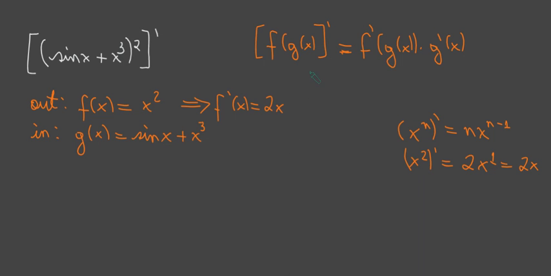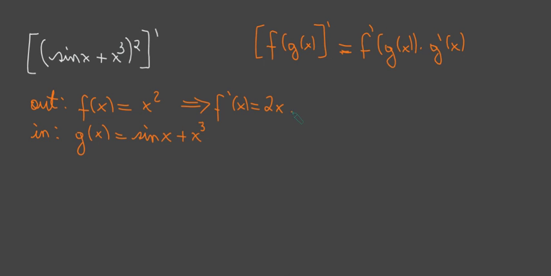But here in the formula for the chain rule, you have to compute the derivative of f not in x but in g of x. So let's do that. So let me erase this here, and let's continue.